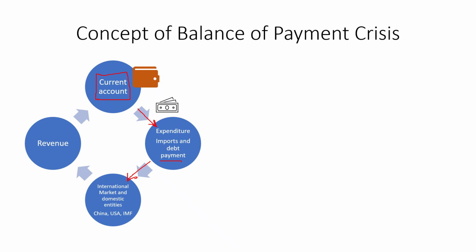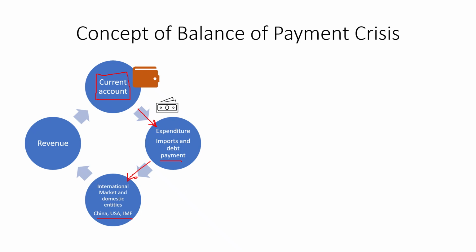And in the case of Pakistan, we know that we import things from China, we import things from USA, and we pay our debts to IMF because we take a lot of loans from IMF. So we pay to these different entities. Whatever we have to pay, we would pay from this current account. I'm talking about the country Pakistan, okay? Current account is like the wallet of a country. It's like the purse of a country. Whatever we spend, we would take money from this account.